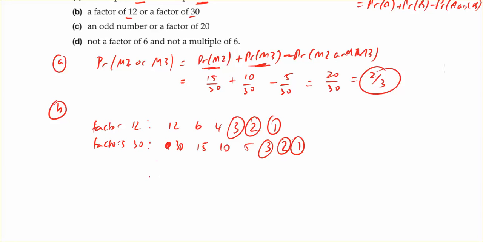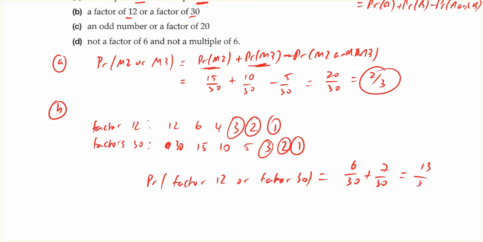So the probability of factor of 12 or factor of 30 equals: factors of 12 are 1, 2, 3, 4, 6, 12, so 6 numbers out of 30, plus factors of 30, which are 1, 2, 3, 5, 6, 10, 15, 30, 7 out of 30. And that gives me 13 out of 30.